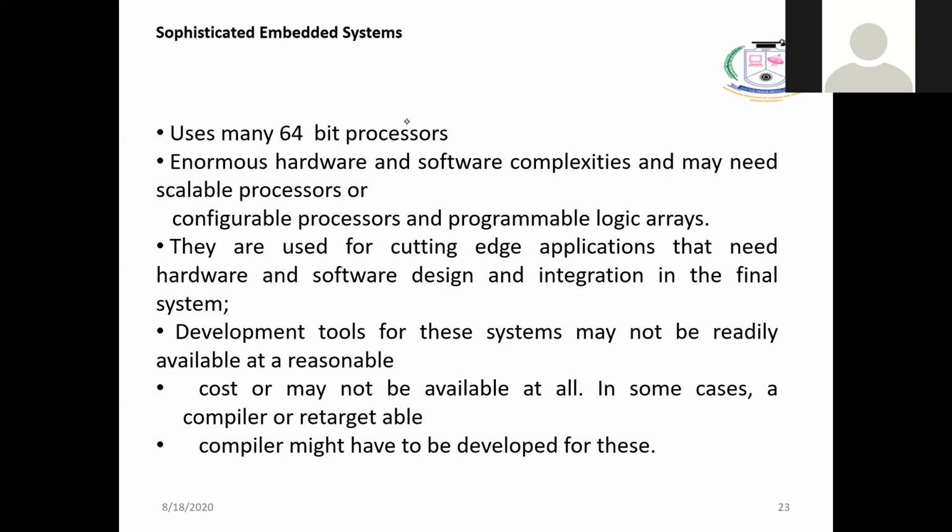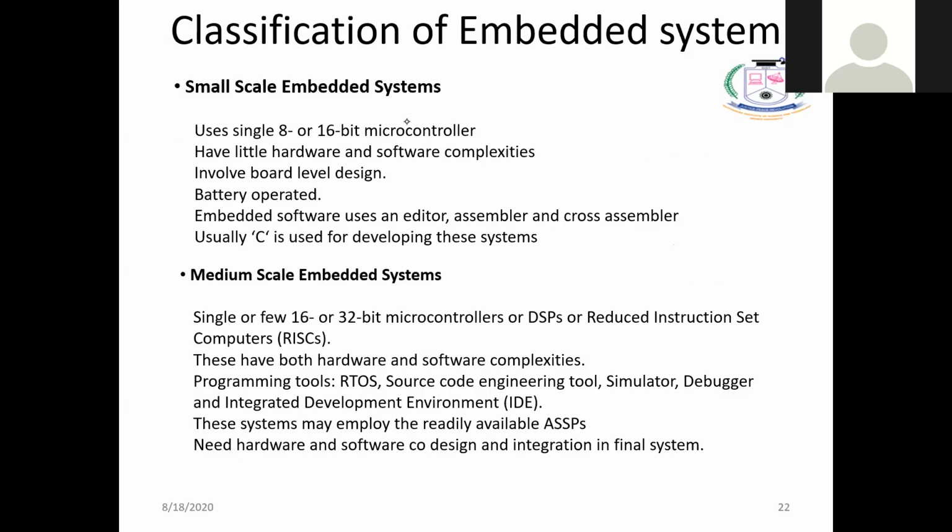Again, coordinated hardware and software design will be there. Development tools for this system may not be readily available. Here we have C language coding and an IDE platform, but for sophisticated systems, depending upon the application, they will develop the embedded concept for that. So we can't say this will be specifically used and that will be specifically used.